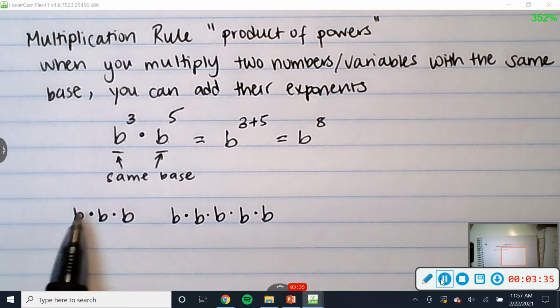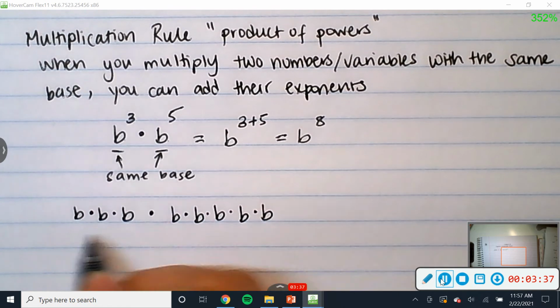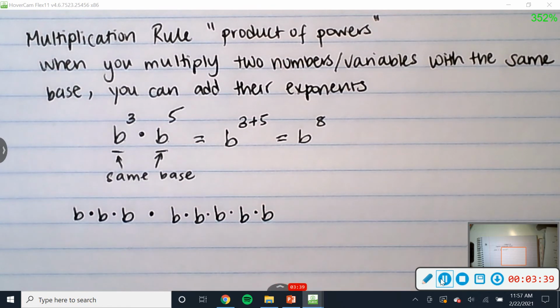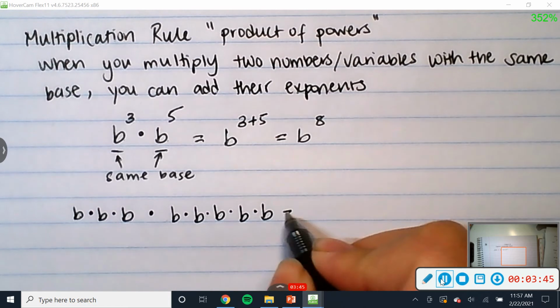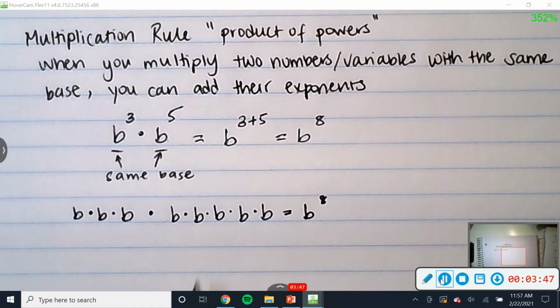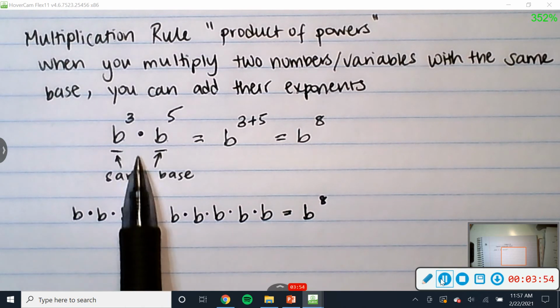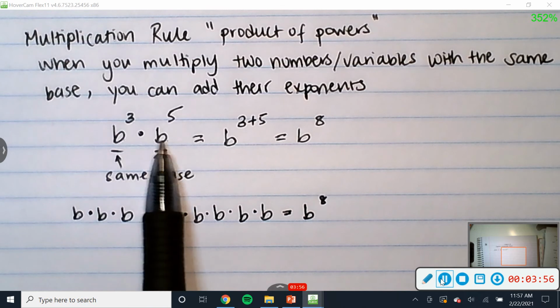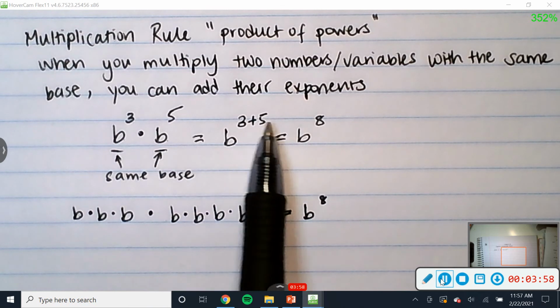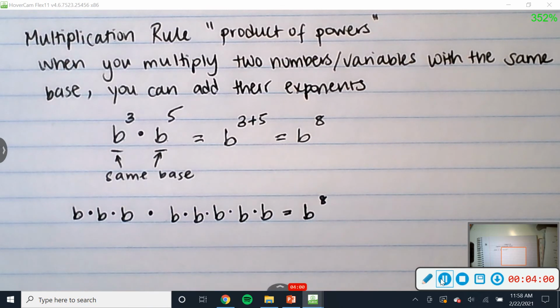Now if I multiply this together, this whole thing, count up how many of the variable we have. We have a total of 8, which means this is the same thing as just writing b to the 8th power. So this is the reason why we can just add together the exponents. If they have the same base, all you have to do is add together the exponents and you have your simplified expression.